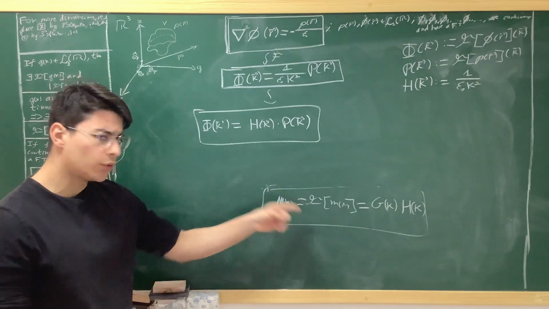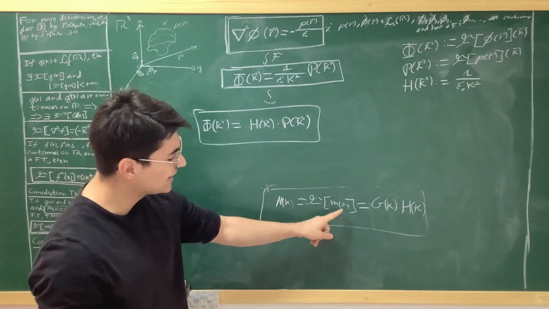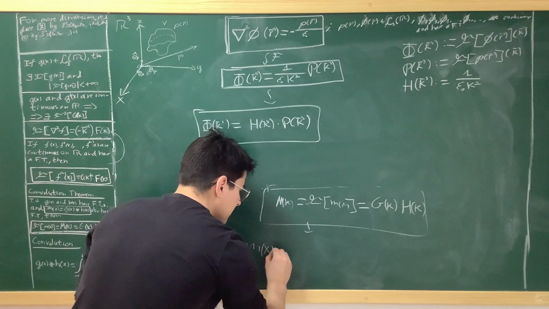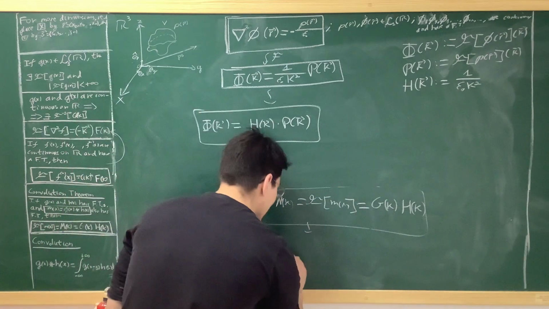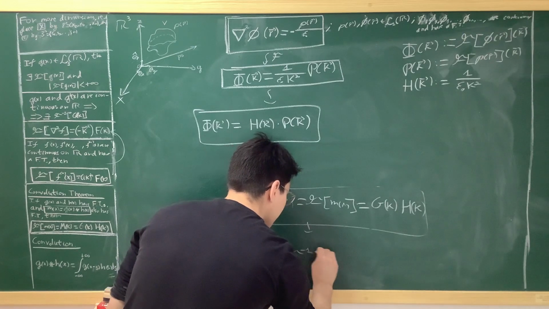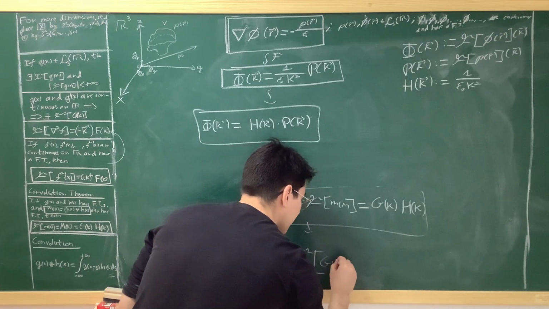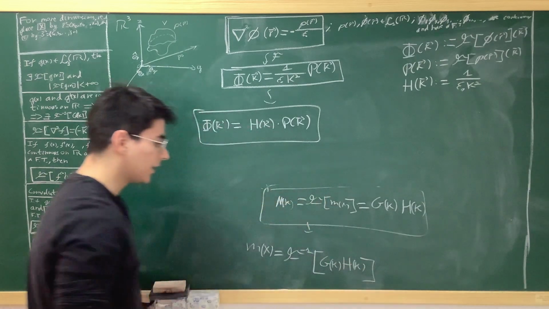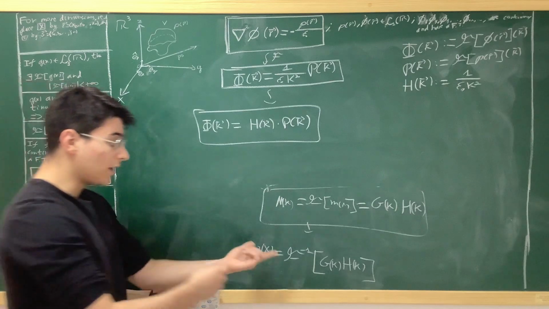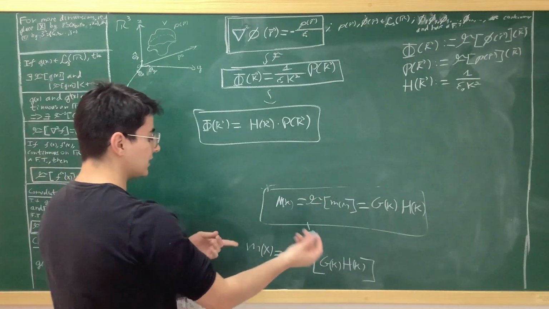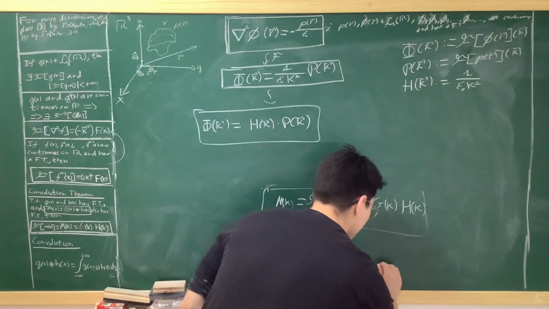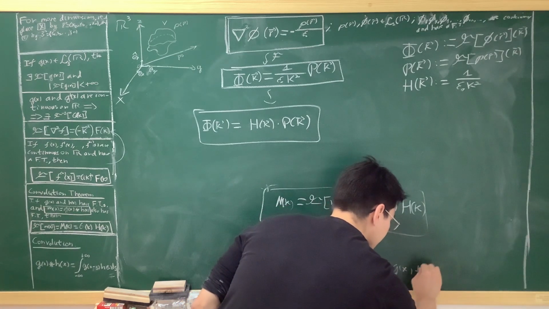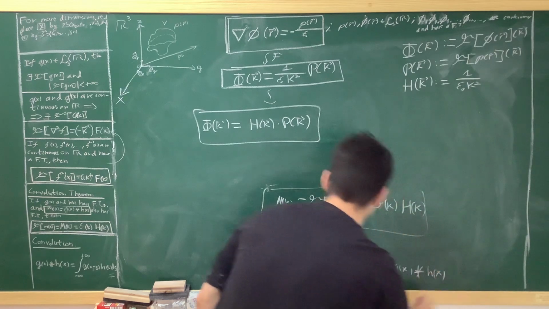By taking the inverse Fourier transform here, we can get m of x. So by this convolution theorem, as we said, taking the inverse Fourier transform on both sides, m of x is the inverse Fourier transform of g of k times h of k. And what is this? As we said, m of x is just the convolution between g of x and h of x.